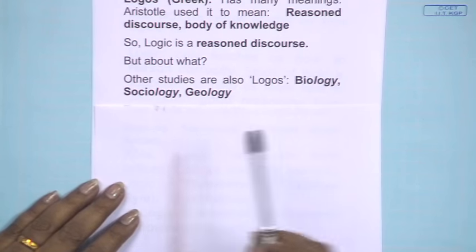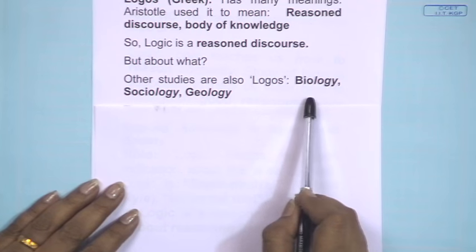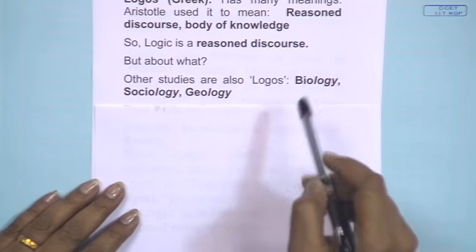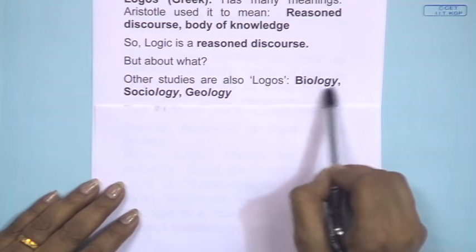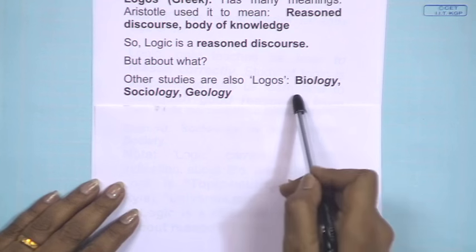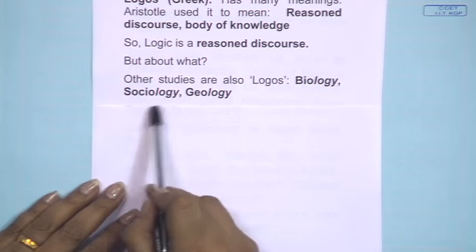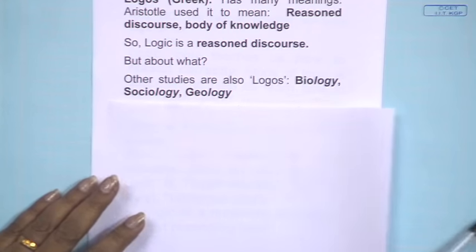For example, you may have heard about these disciplines: biology, sociology, geology, and I would like to point to the presence of logos in this. Where? Here. This is logy. The logy comes from the Greek word logos. So, here is logos of bio, this is logos of socio, this is logos of geo, and so on.